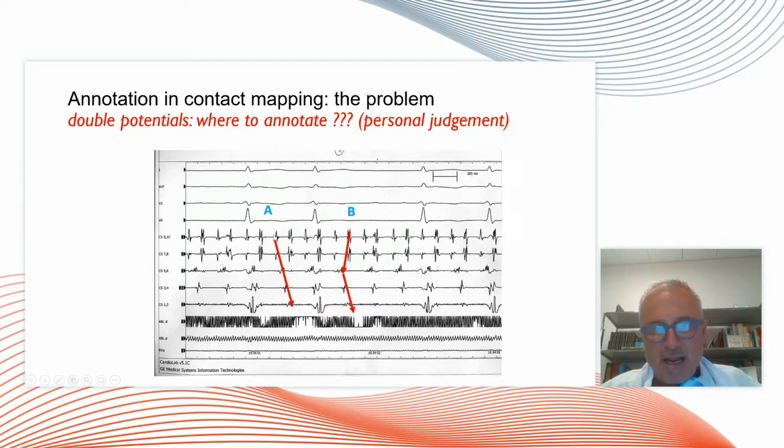Is it version A because CS 1, 2, 3, 4, 5, 6 have one direction, so it would be version A? Or is it version B? We don't know. And it depends on the personal judgment of the guy sitting on the computer, what kind of map you get.